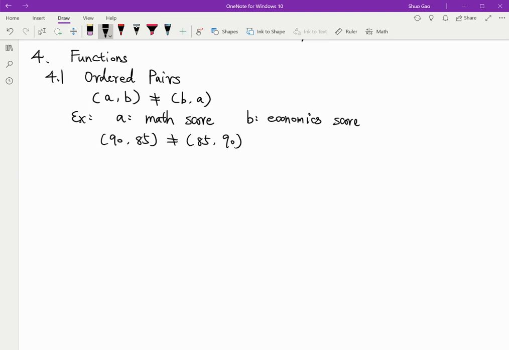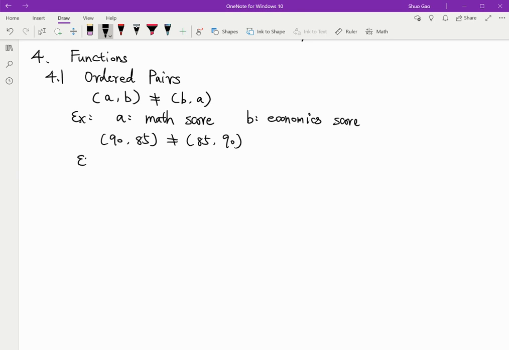Because they don't represent the same thing. 90 means your math score is 90 and 85 is your economic score. But if you reverse that, 85 and 90 means the math is 85 and economics is 90, right? So A and B have different meanings, and you cannot just interchange them. They do have order here. So this is called ordered pairs.